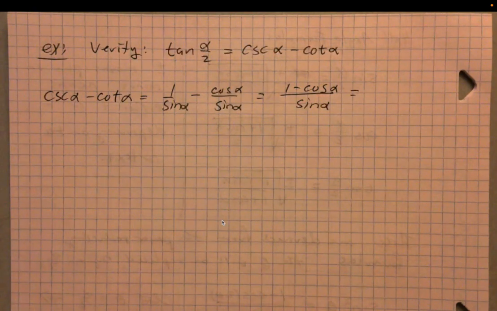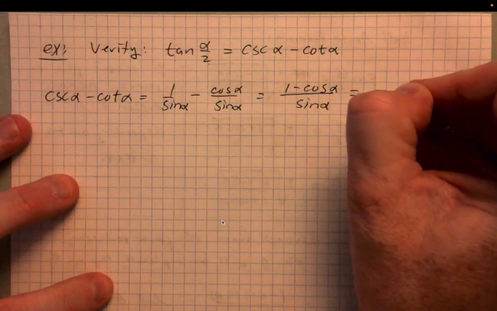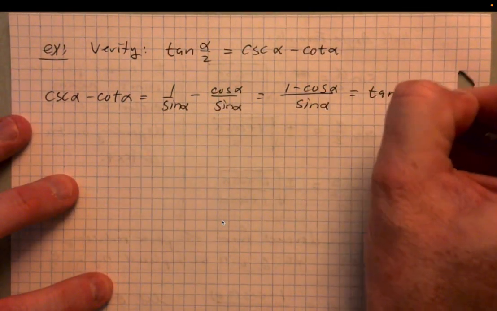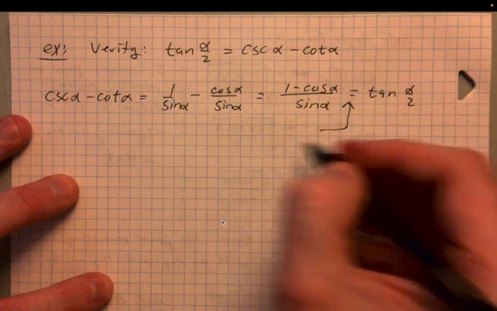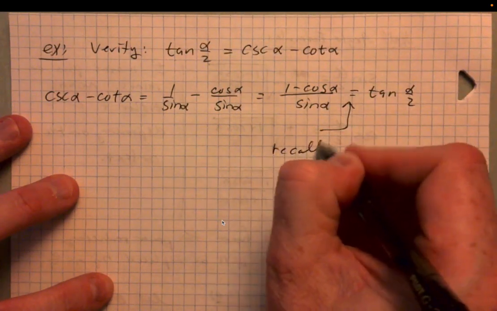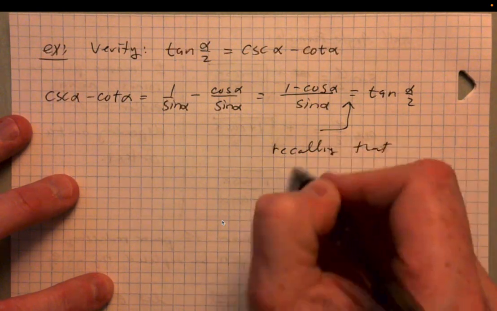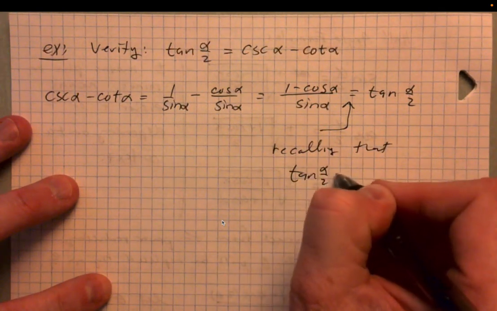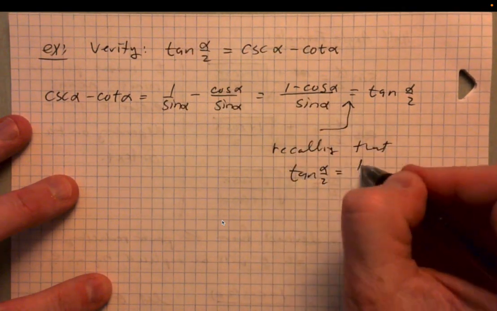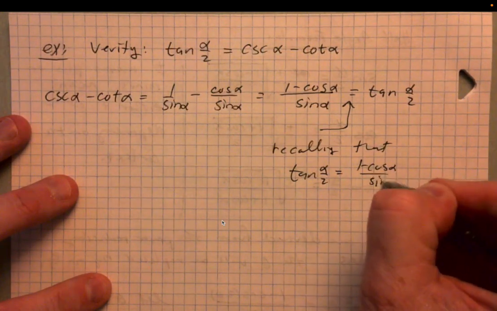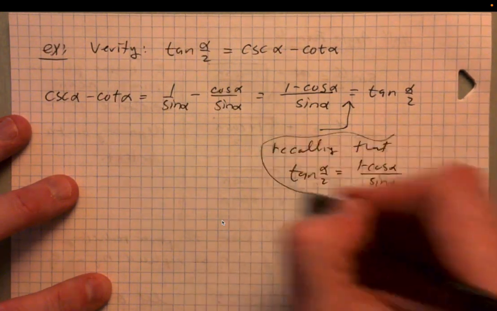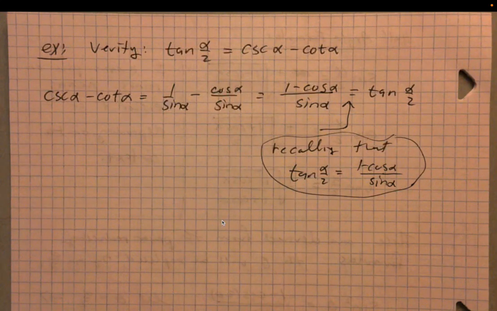We know that this is equal to the tangent of alpha over 2. Now, remember, all we're doing here is recalling that tan alpha over 2 is equal to 1 minus cos alpha over sine alpha. This is literally the formula that we started the section with.